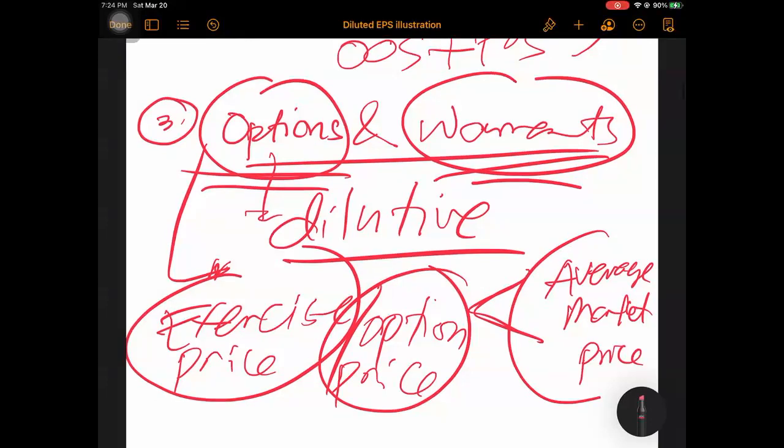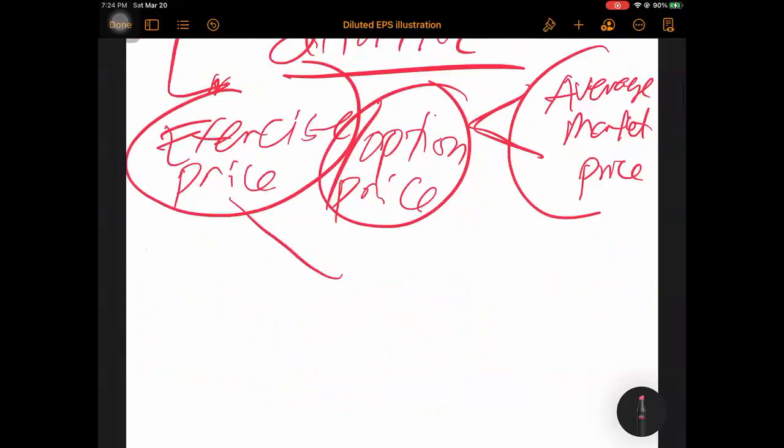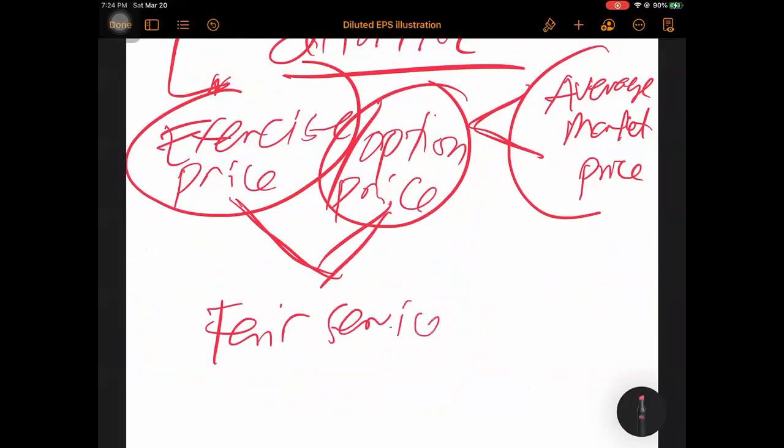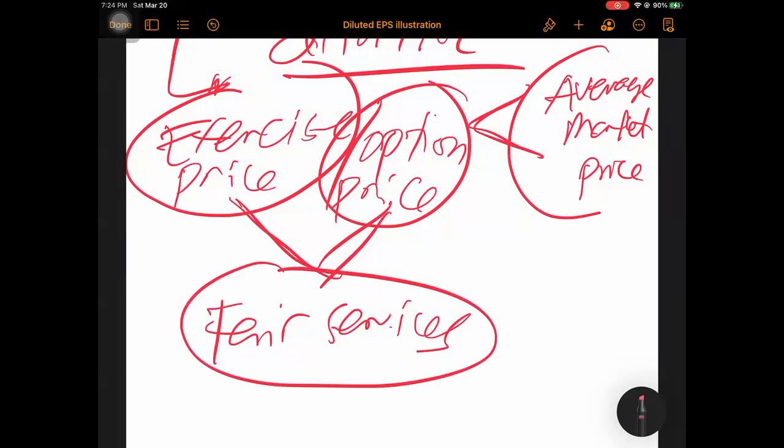So under share options, part of your exercise price and option price is the fair value of the services. Fair value of the future services, by offering the option plan.